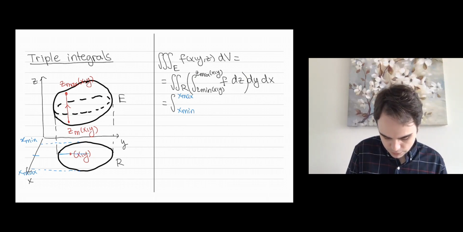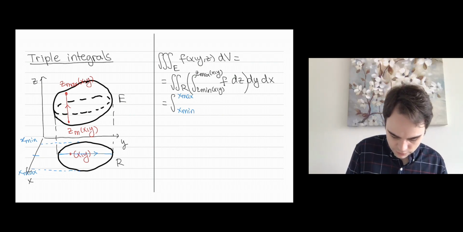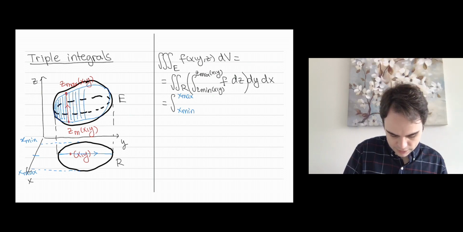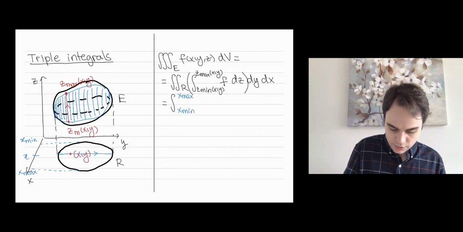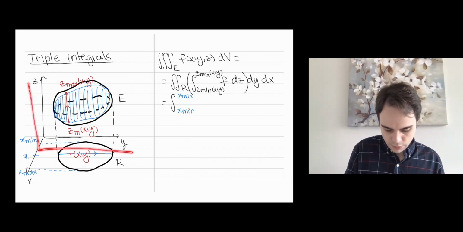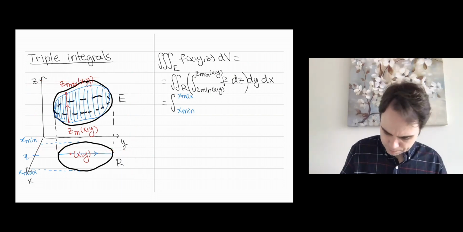And then for an intermediate value of x, this cuts my region like this. I would look at the x slice. So if I fix x, I'm going to cut my region like this. And then I get a vertical slice like that. Right, this is the x slice. It's what you get by intersecting my region with a copy of the YZ plane with x fixed.